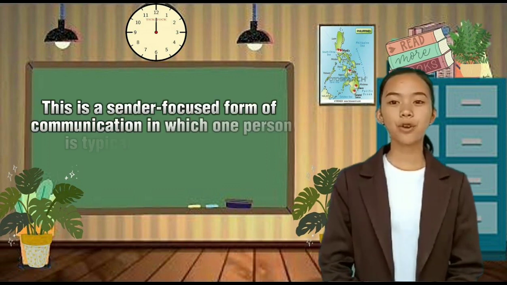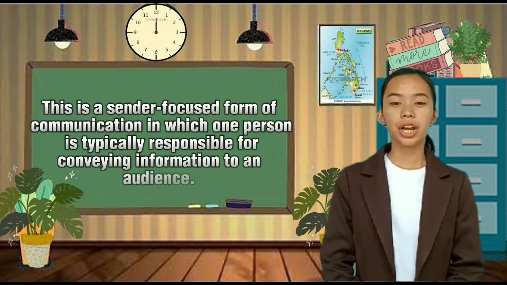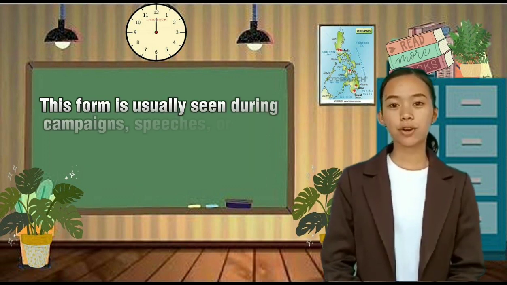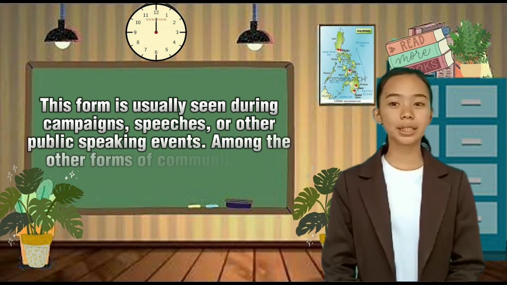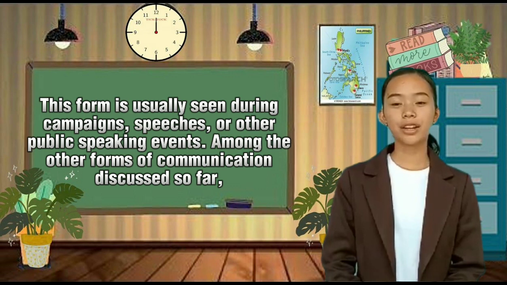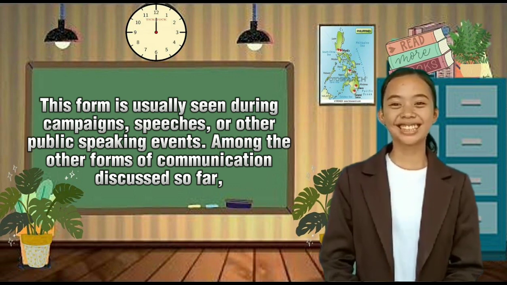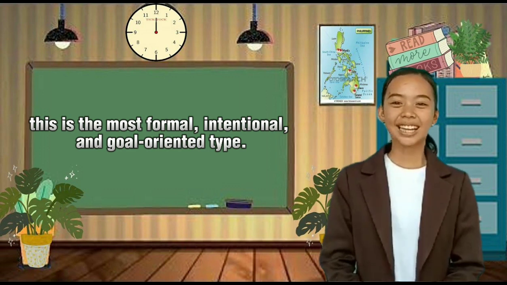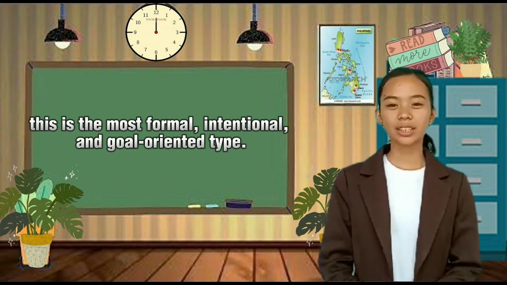It is a sender-focused form of communication in which one person is typically responsible for conveying information to an audience. This form is usually seen during campaigns, speeches, or other public speaking events. Among the other forms of communication discussed so far, this is the most formal, intentional, and goal-oriented type.